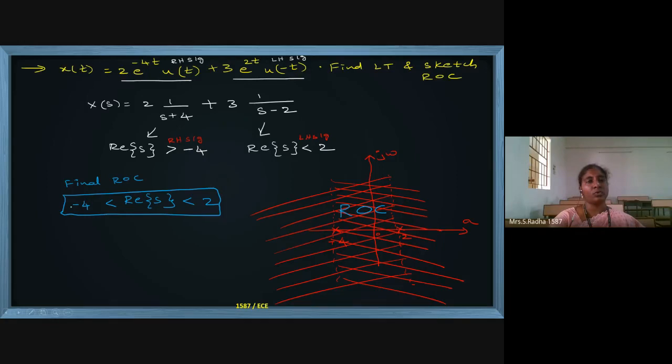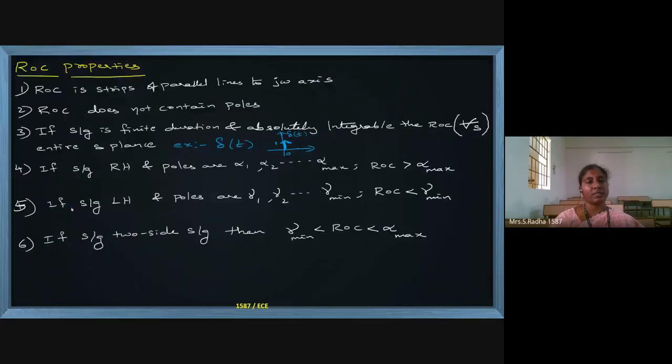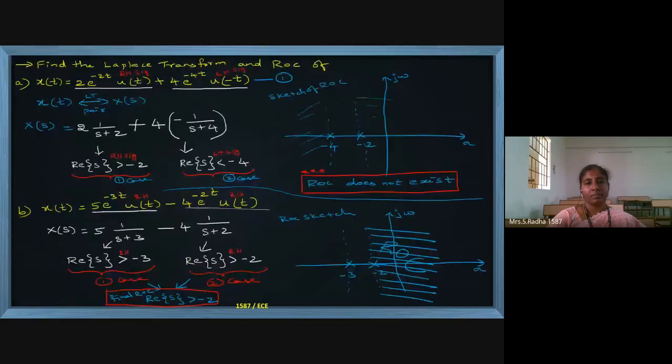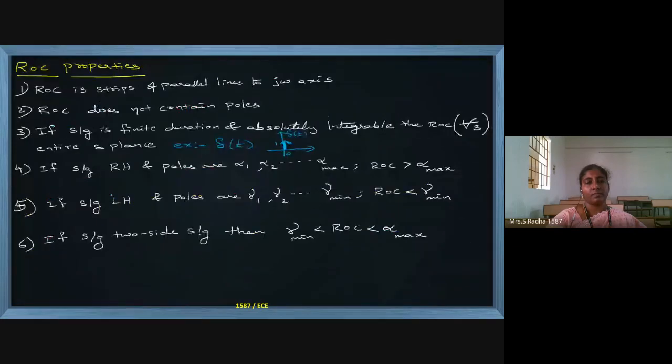Now if I go to the properties, I will go to the fourth property. If many poles are there, alpha 1, alpha 2 up to alpha maximum, and it is a right-handed signal, then the maximum value of the pole should be taken.